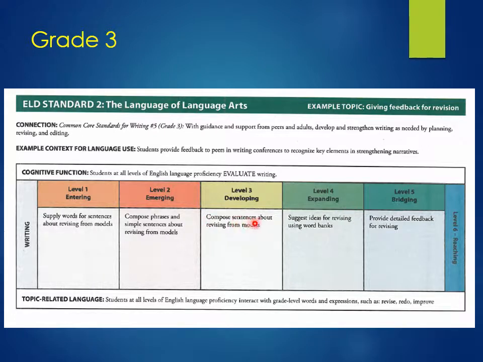Here, compose sentences about revising from models, that's level 3. Here, compose phrases and simple sentences about revising from models. And for level 1, supply words for sentences. So they're going to have sentence starters about revising models. They are all navigating and engaging with the same academic content, but using different levels and supports of language.